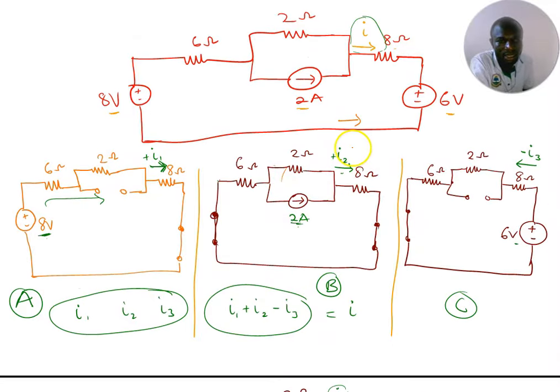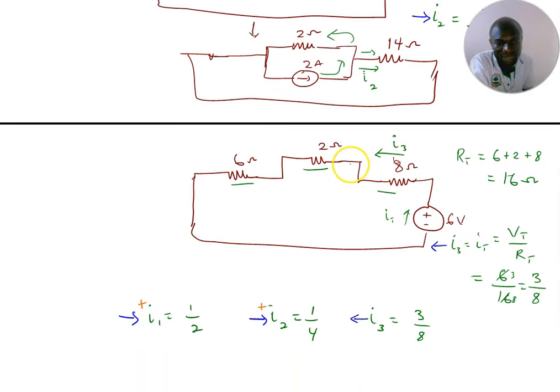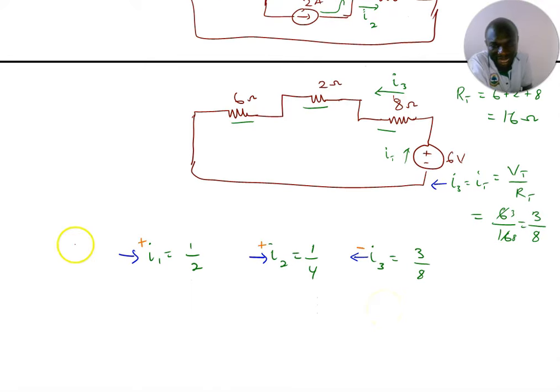So any current that moves on that path should be considered as positive, and any current that opposes it will be negative. So that current was opposing it. So at the end, if I want to find I is simply going to be what? I1 plus I2 minus what? I3. Right?